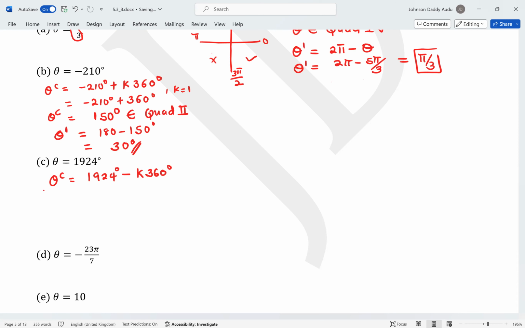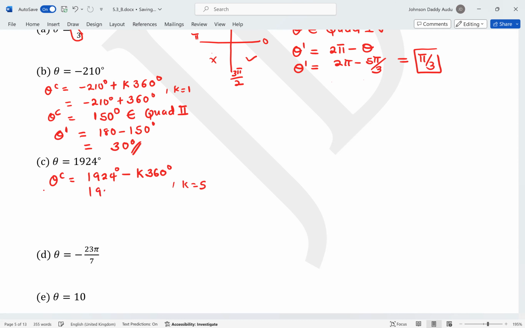Now, if you take k to be 2, it's still going to be greater than 360. So we can keep increasing the k until we have something that is less than 360. For example, let's take k to be 5.